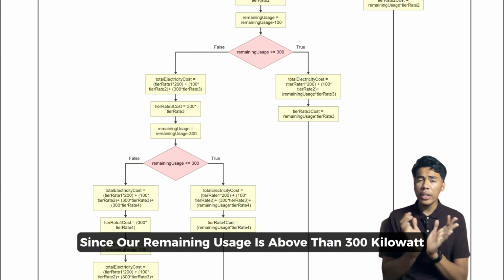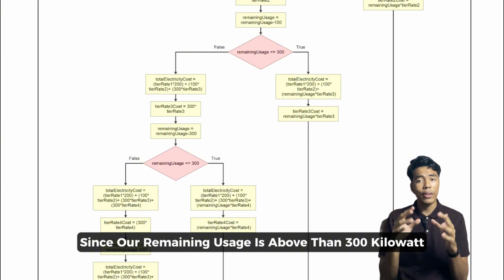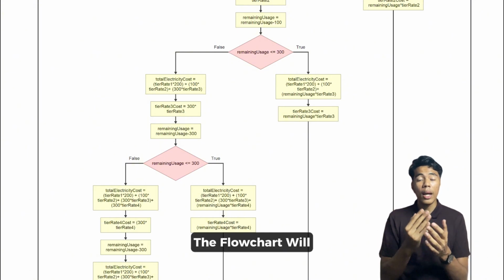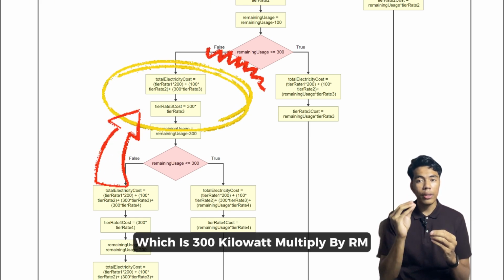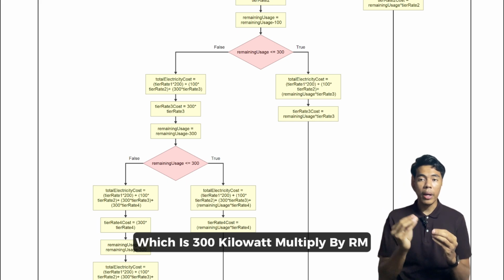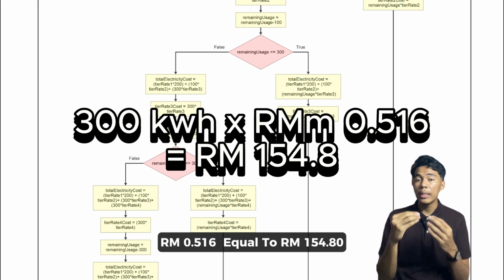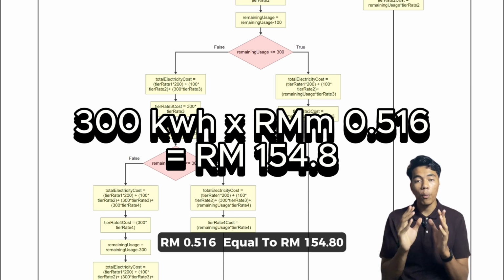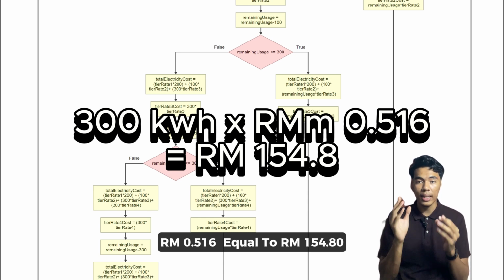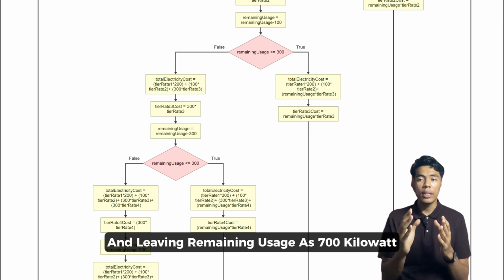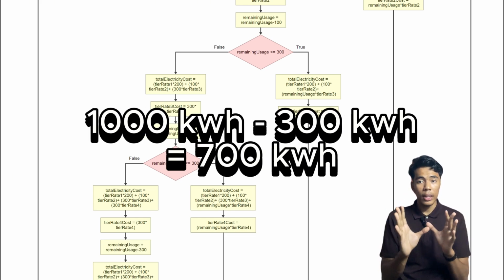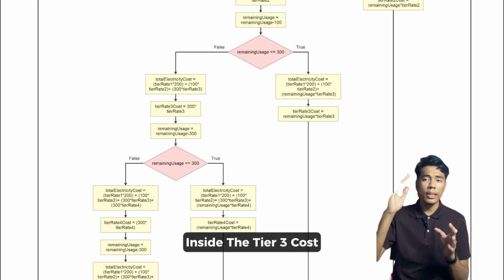Since our remaining usage is above 300 kilowatt, the flowchart will calculate the maximum cost for tier 3, which is 300 kilowatt multiplied by RM 0.516 equal to RM 1054.80. 300 kilowatt is deducted from the remaining usage, leaving remaining usage as 700 kilowatt. The system will save the tier 3 cost inside the tier rate 3 cost.